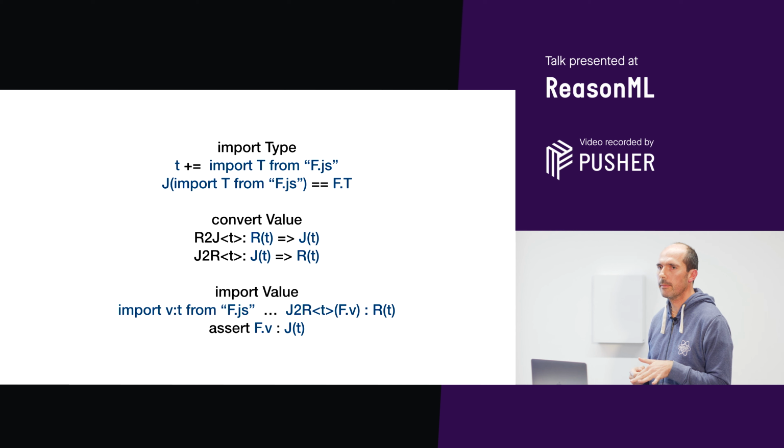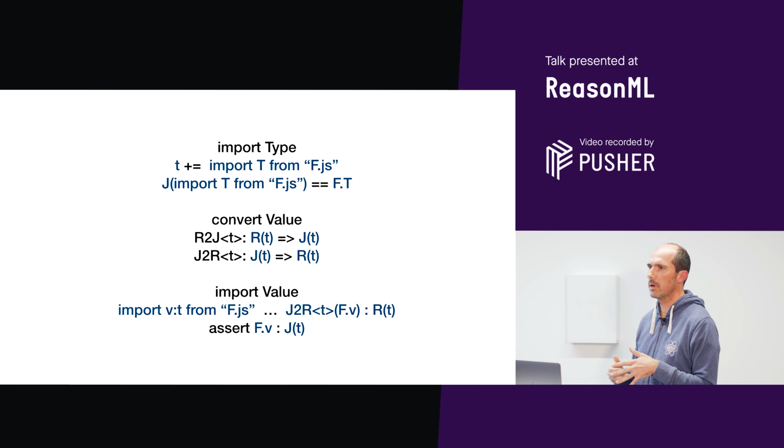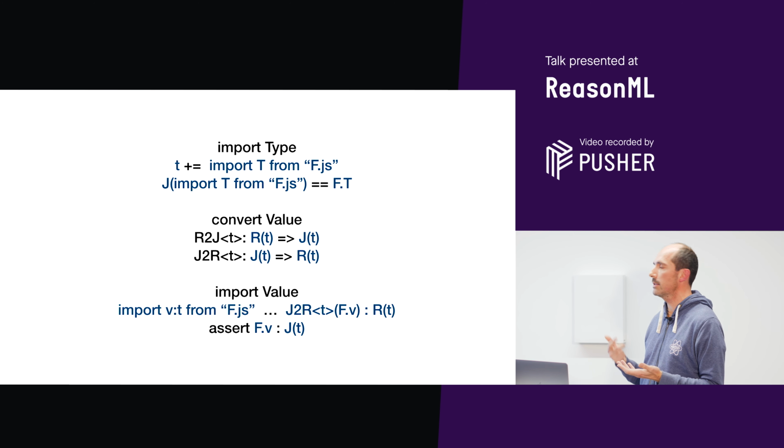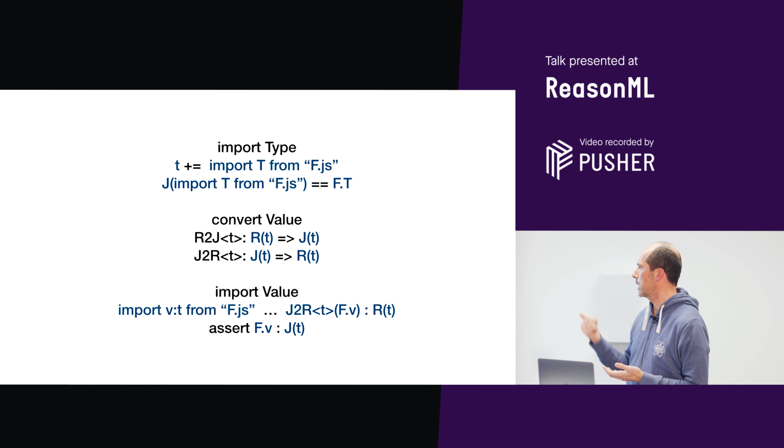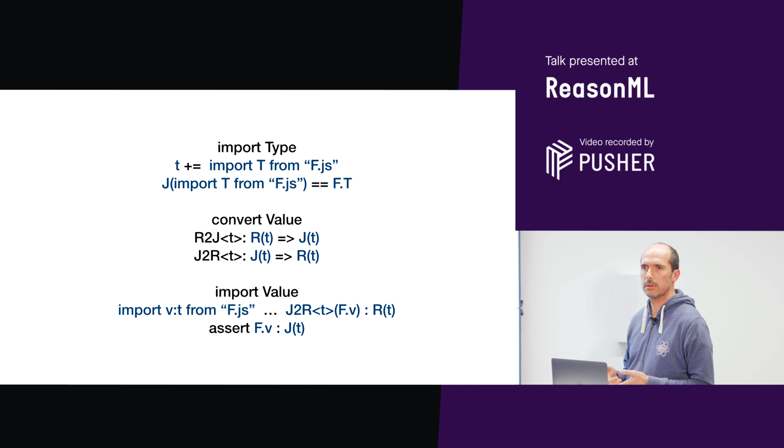So that's okay, but it's still untyped. I'm taking some JavaScript in, I don't know what it does, and I hope it has the right type. So the only extra thing I need to do is check the type. I need to also assert that the type which is defined in JavaScript corresponds to the type I think it has. And so what I need to do is implement an assertion which says the value is the type that I expect.